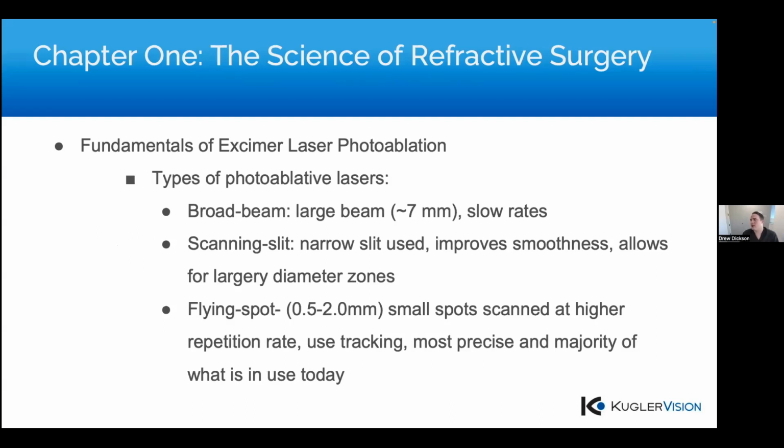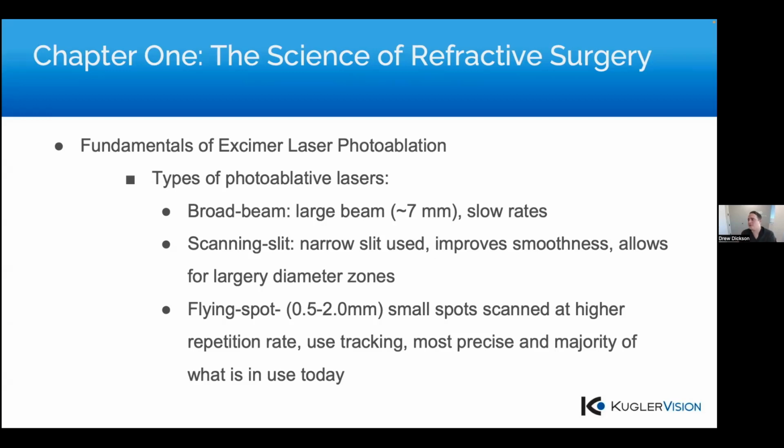Talking about excimer lasers, there are different types. Historically, the first model was called a broad beam laser. This had a large beam that had slow rates, but had some issues with it. And that caused some of these newer lasers called scanning slit and flying spot to evolve.